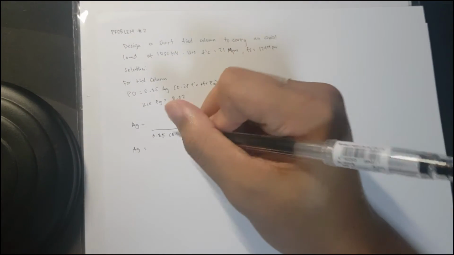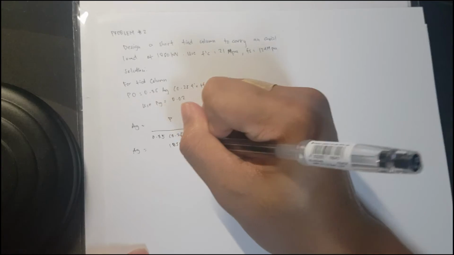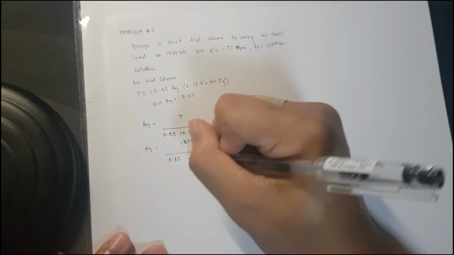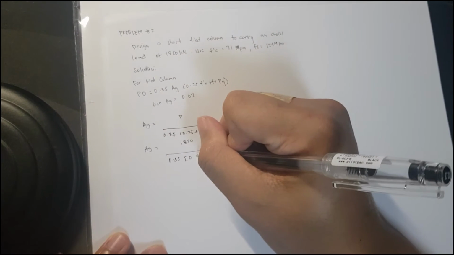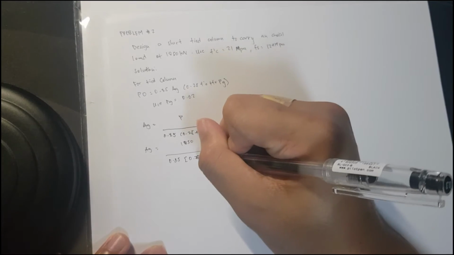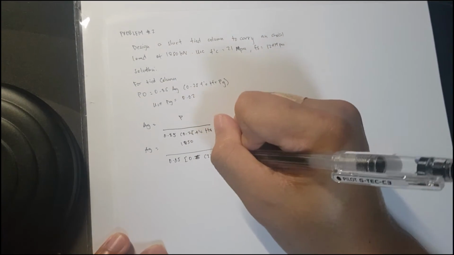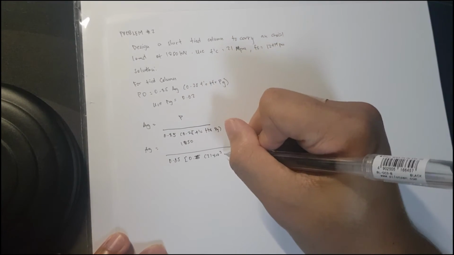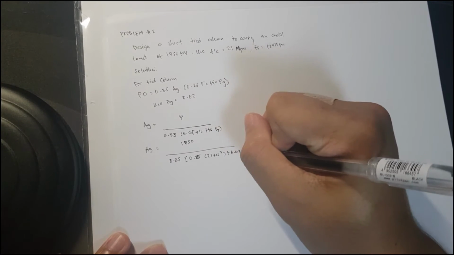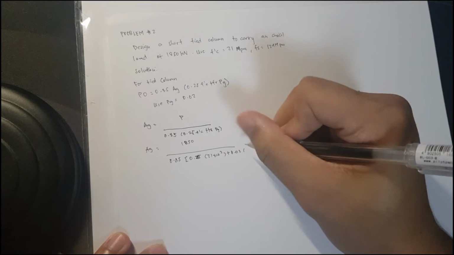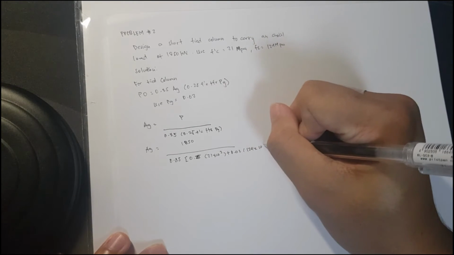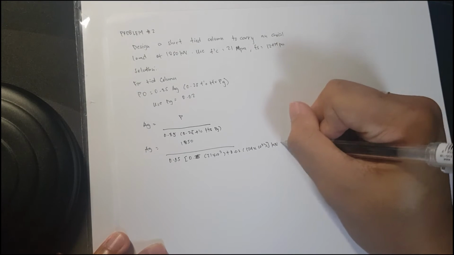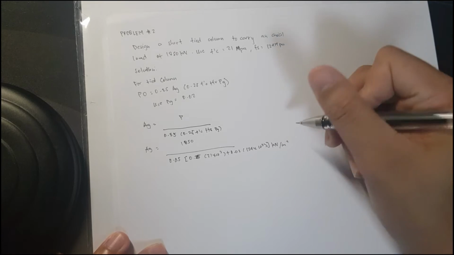So yung P natin, ano yung P natin? 1,850 over 0.85 times 0.25 times 21 times 10 raised to 3, yun yung 21 megapascal natin, plus 0.02 na given na rho g natin times 124 times 10 raised to 3 kilonewton per m squared.